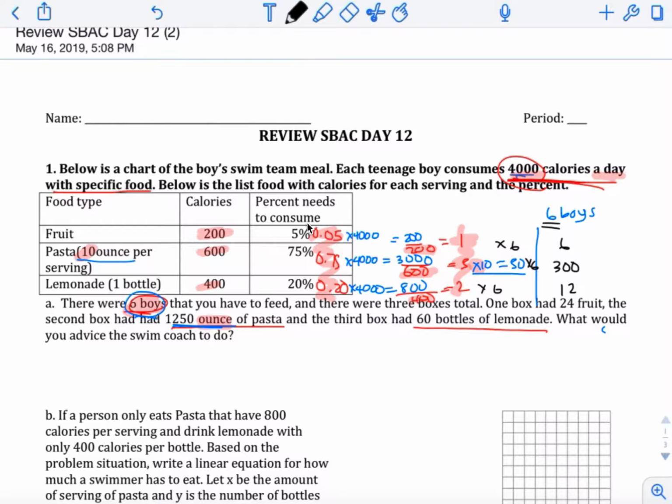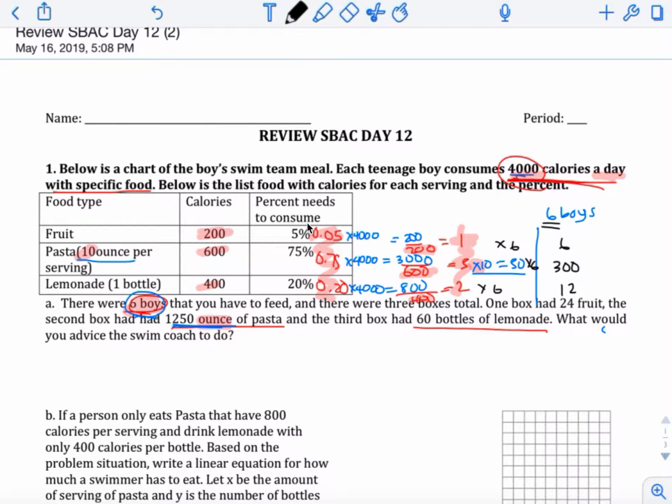Anyways, x-intercept and y-intercept. 800x equals 4,000, and 400y equals 4,000. Divide by 800: 5.